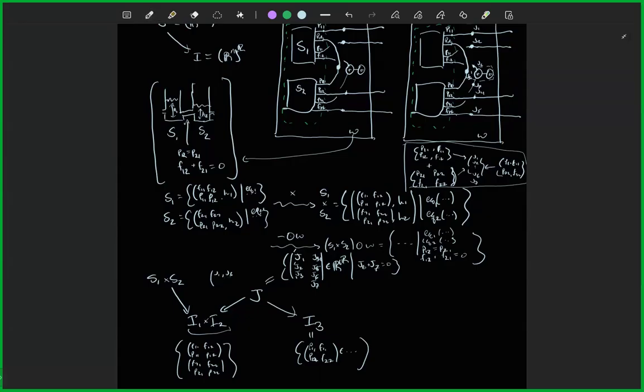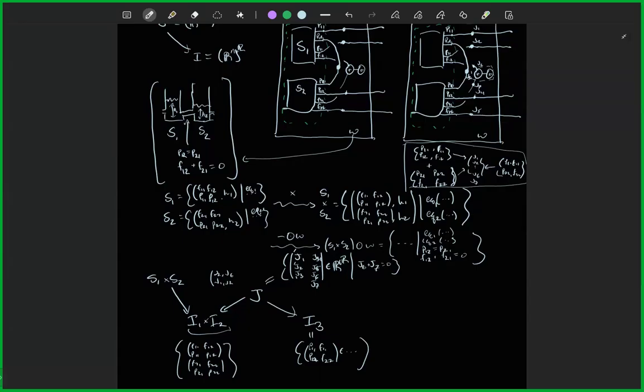I already did that wrong. The first one is F1, so I'm just looking at the picture. F11 gets J2. F12 gets J6. P11 gets J1. P12 gets J2.